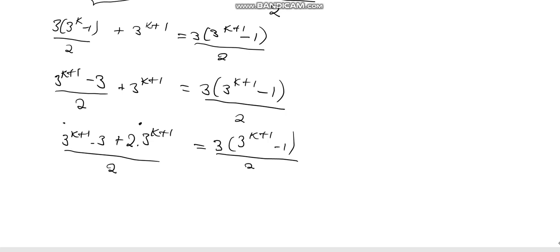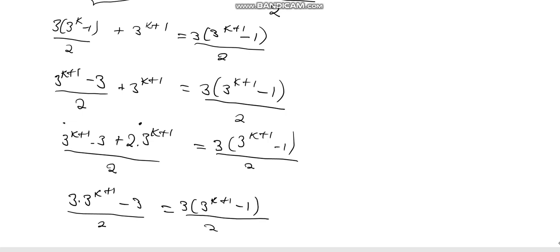So notice to say that when we do that, we're going to have 3 to the power k plus 1 minus 3 divided by 2 there. This is equal to 3 open brackets 3 to the power k plus 1 minus 1 divided by 2 here.